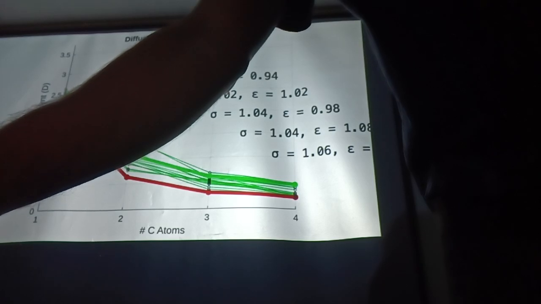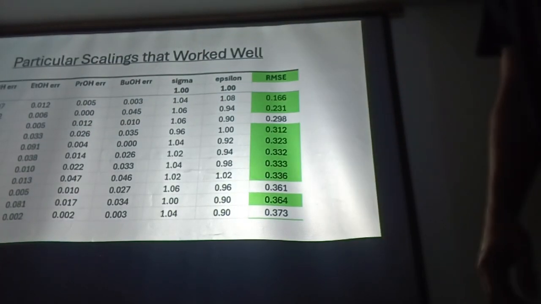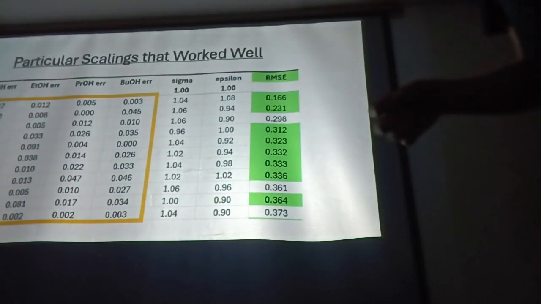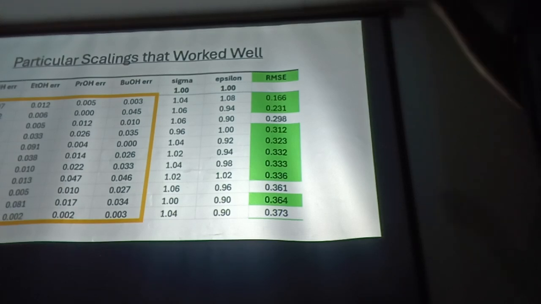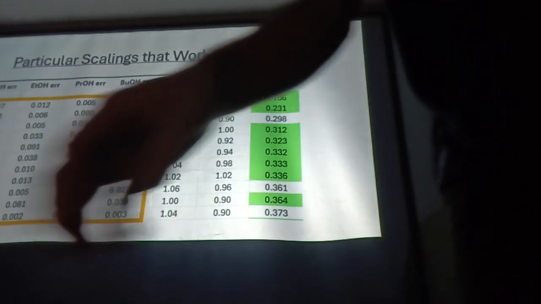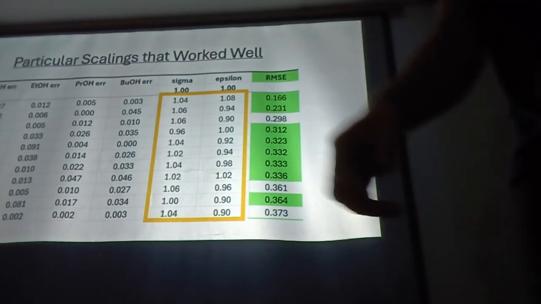This is the part that I was imagining earlier, warning you about. A lot of numbers, so don't panic. This is sort of how we refine the data further. And these are the relative error in each of those vertical plots relative to experiment, how far off it was. And these are just for reference, the sigma epsilon scalings they correlate with.